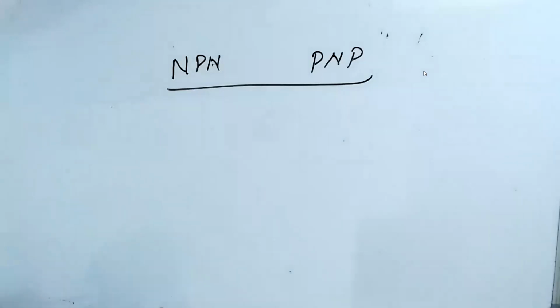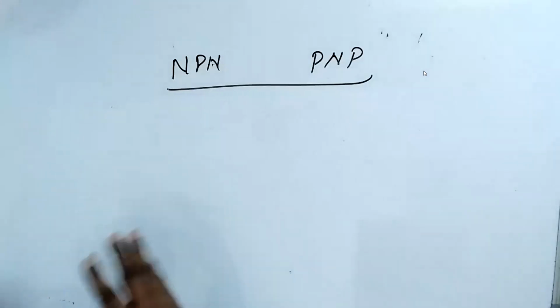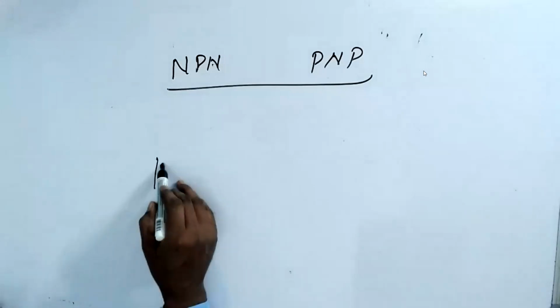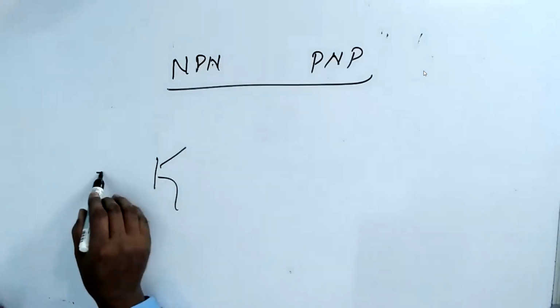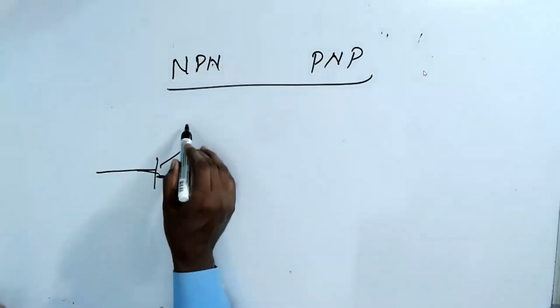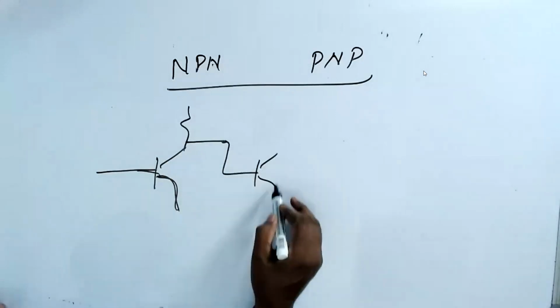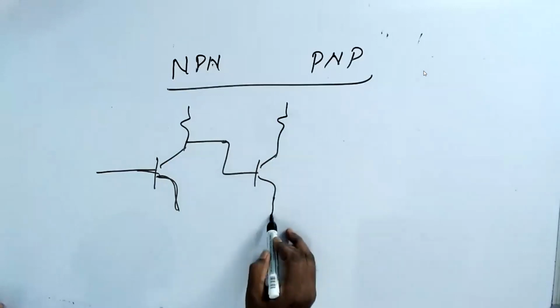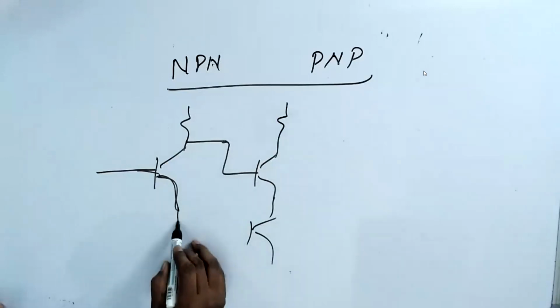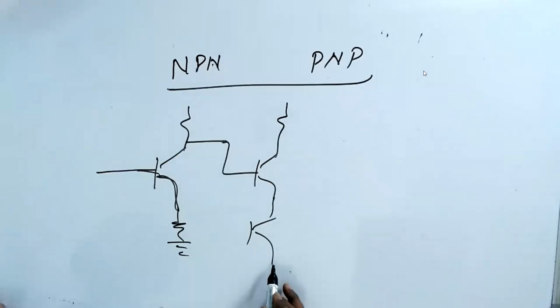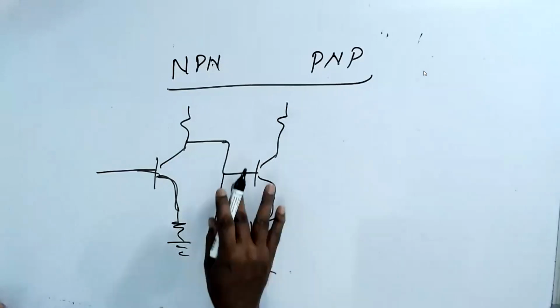But the problem is, see, they were building big circuits using this. What happened? This guy controlled the current, this guy is giving the output, and that guy they used to control the other one. So many things. Don't worry about the circuit. I draw a small circuit which is nowhere connected.